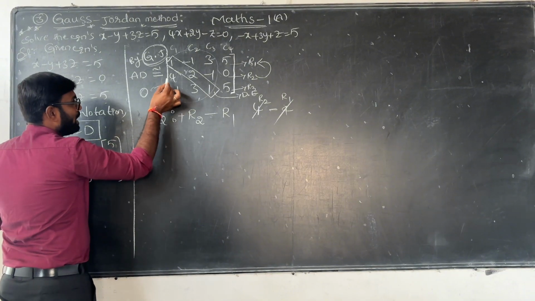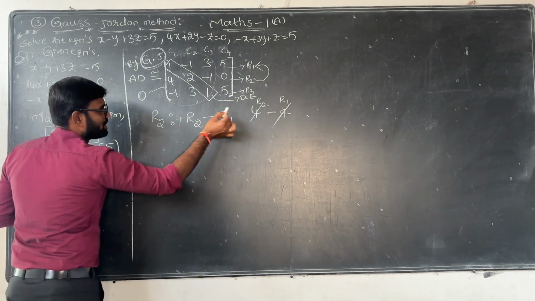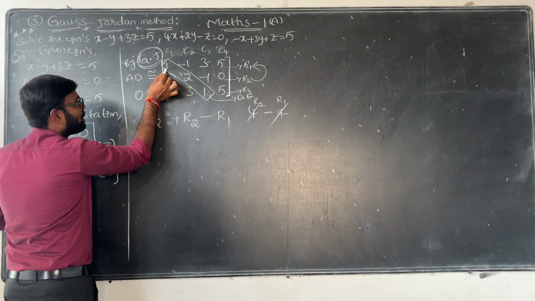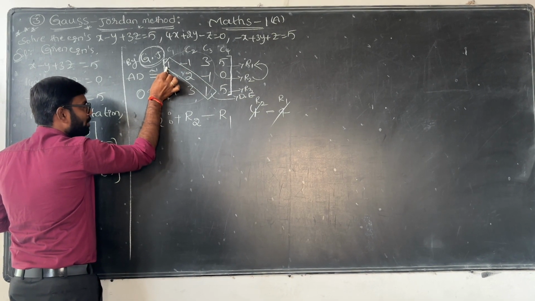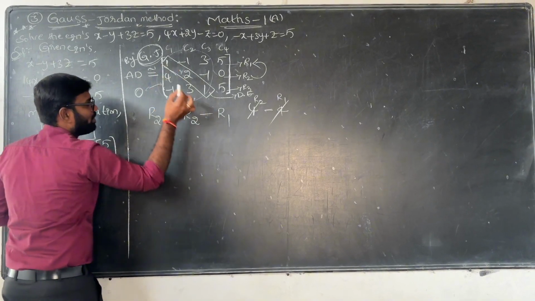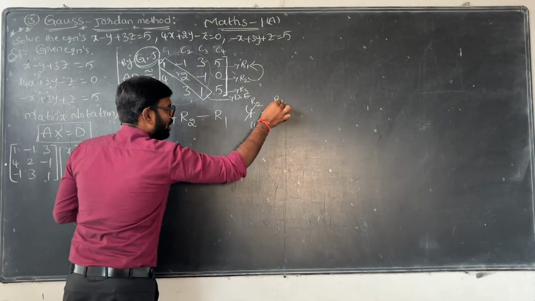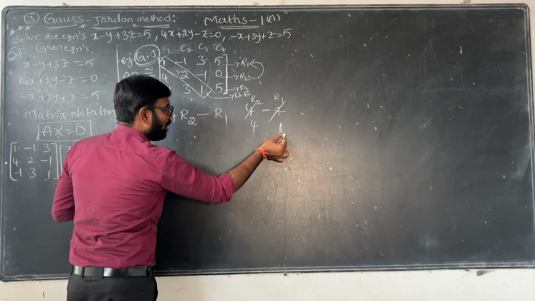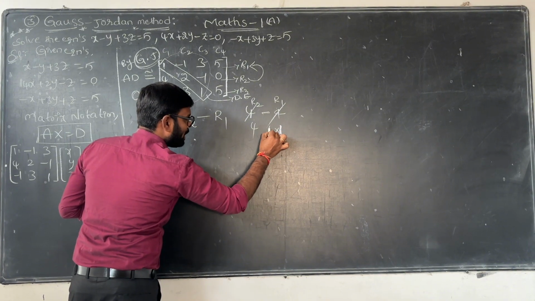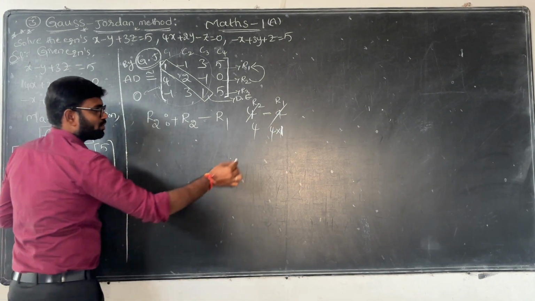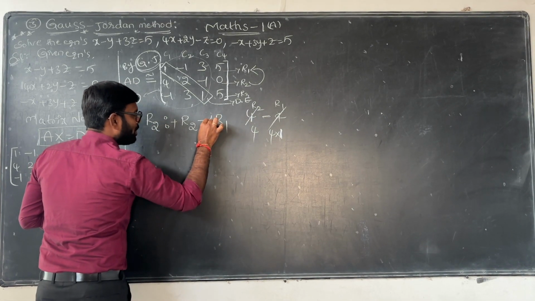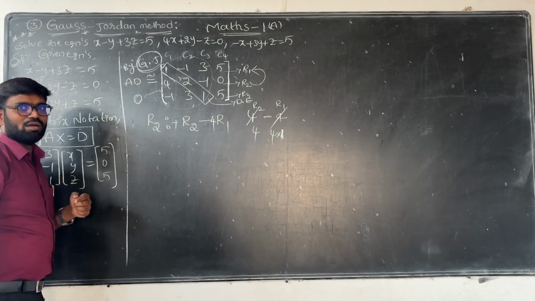Next, the coefficient: it is 4. So the R1 element is multiplied by 4.